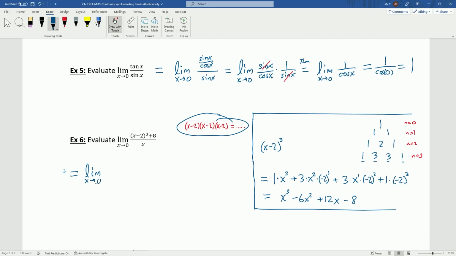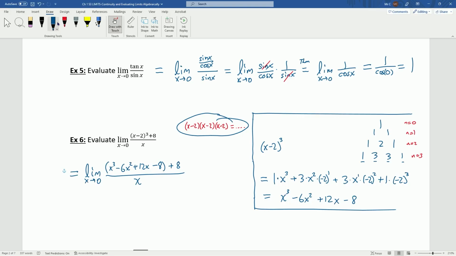This becomes the limit as x goes to 0 of x cubed minus 6x squared plus 12x minus 8 plus 8 over x. There's nothing applying to the parentheses here, so I can just drop those parentheses.